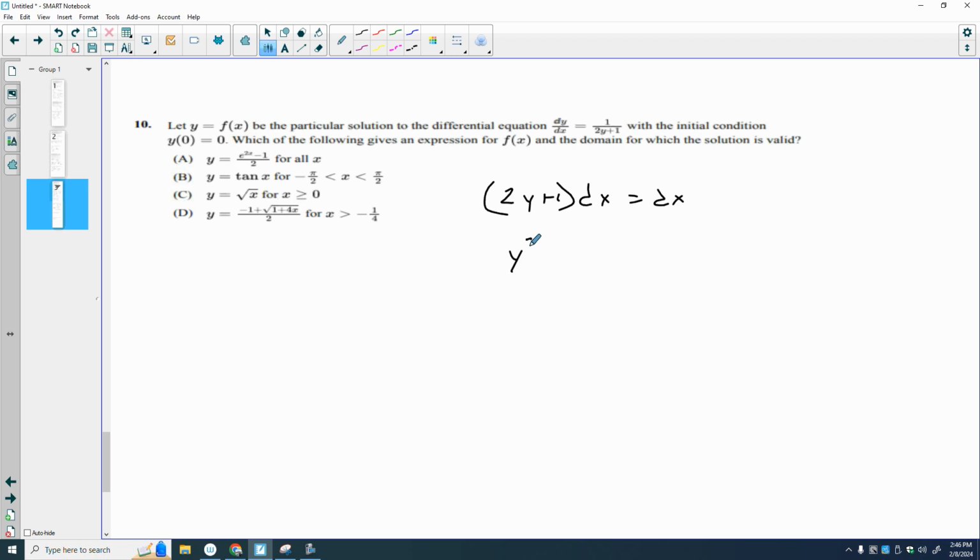And we get y squared plus y equals x dx. Bell's about to ring. Hopefully I can get it done in the next 30 seconds. I don't mean x dx, do I? I mean x plus c.